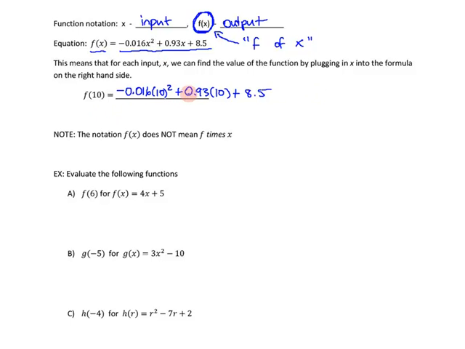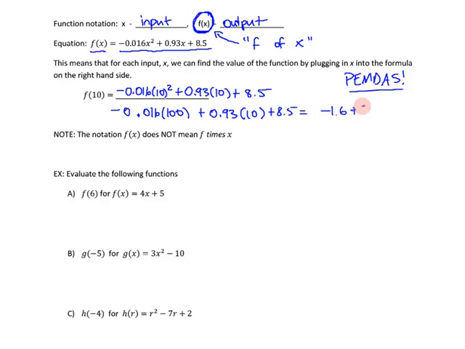Then I would do some evaluation, of course, remembering that PEMDAS always rules in terms of the order that I do my operations. So I'd get negative 0.016 times 100 plus 0.93 times 10 plus 8.5. That gives me negative 1.6 plus 9.3 plus 8.5.